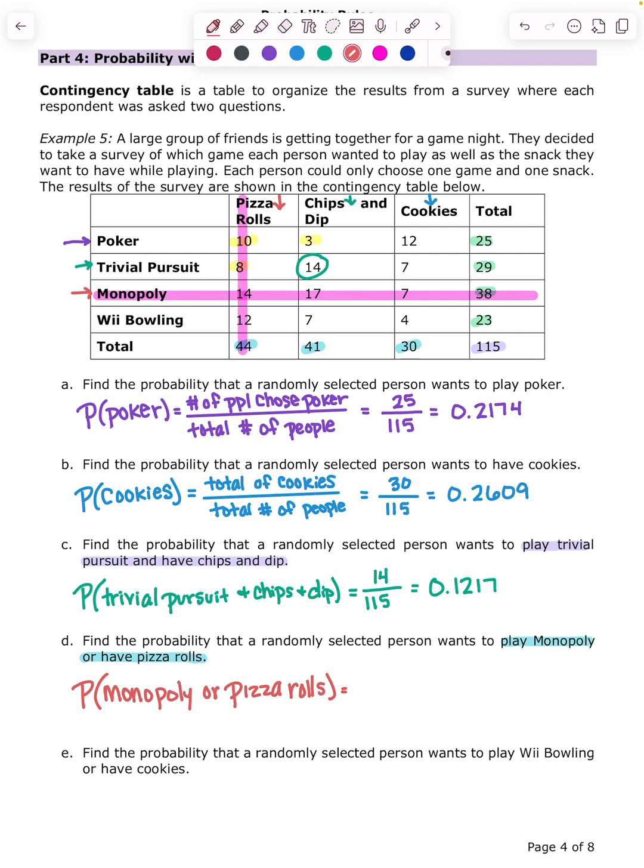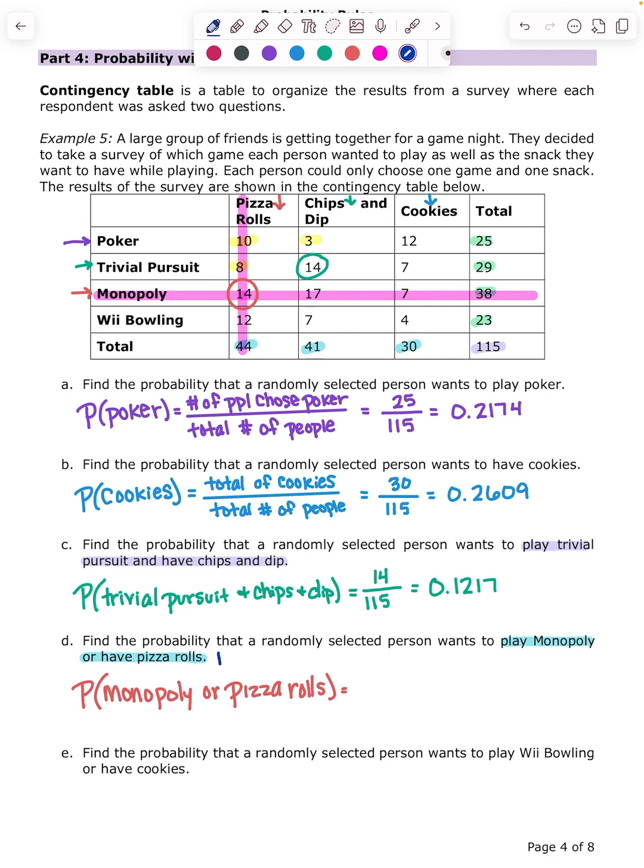And notice that when I do this, there is an overlap. Because there is an overlap, these are non-disjoint. There is the chance for this to happen at the same time.